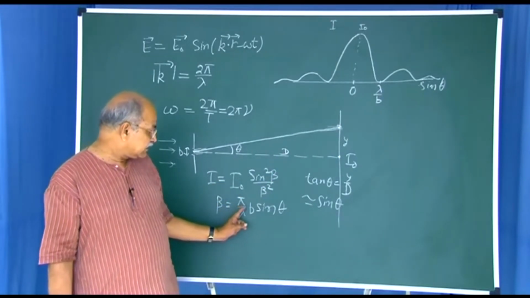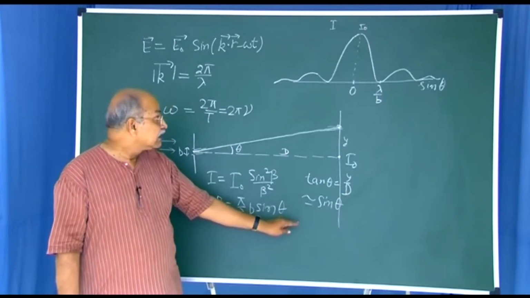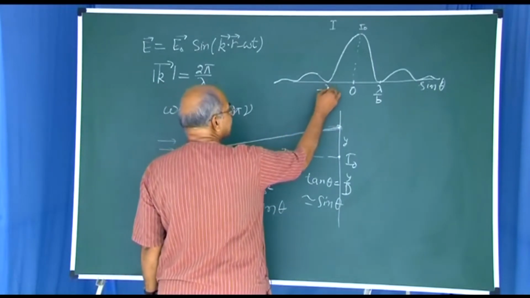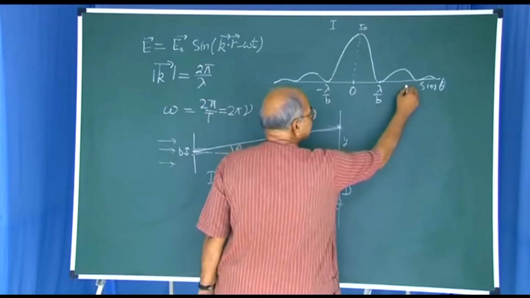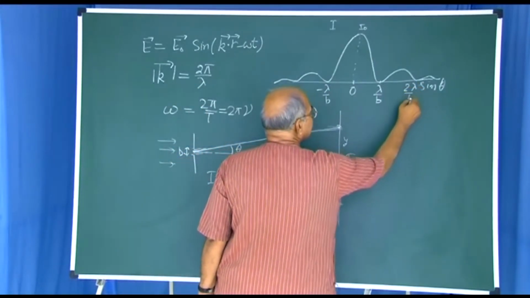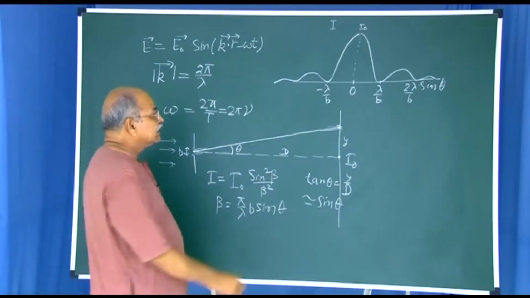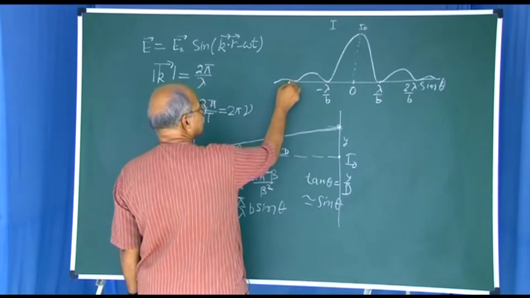So, this is equal to pi, and therefore sine theta is equal to lambda by b. On this side it is minus lambda by b. Then this is 2 lambda by b, when sine of 2 pi is 0, so beta is 2 pi, and so on, minus 2 lambda by b, and so on.